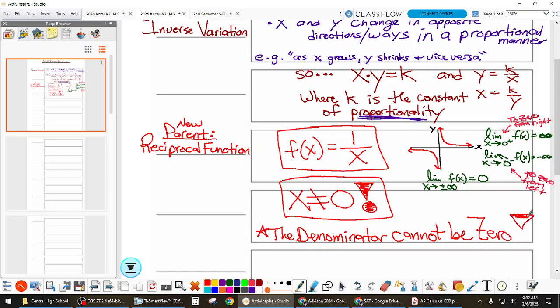The denominator cannot be 0. In this case, it's x, but if it's x squared minus 5, then x cannot be the square root of 5. Okay? Whatever makes the denominator 0 is a no-no. In that case, if it was x squared minus 5, then yeah, x could be 0, 1, 2, 3, 4, anything up to square root of 5, right?